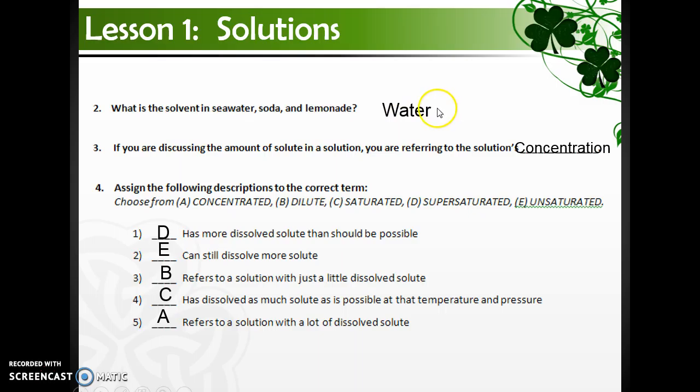That's what does the dissolving. Anytime you're discussing the amount of solute in a solution, you're referring to the solution's concentration. And then for the matching, 1 is D, 2 is E, 3 is B, 4 is C, and 5 is A. So check to make sure that's what you had.